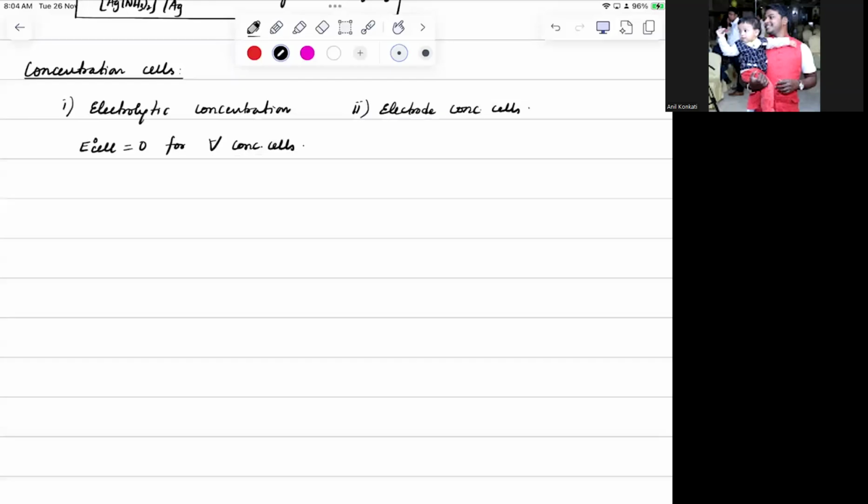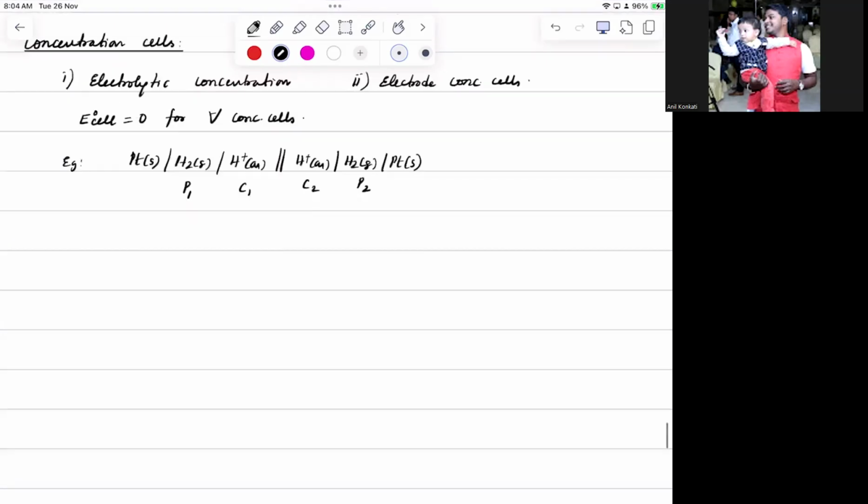For example, if I take Pt solid, H2 gas, H plus aqueous, double line, H plus aqueous, H2 gas, Pt solid. Let this be at partial pressure P1, concentration C1, C2 and P2.